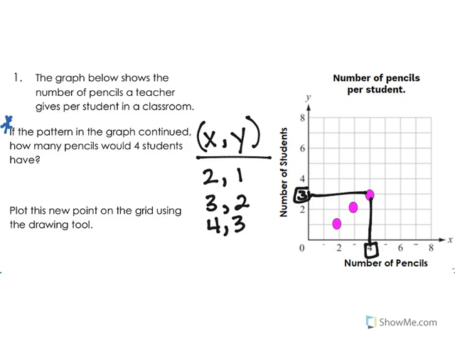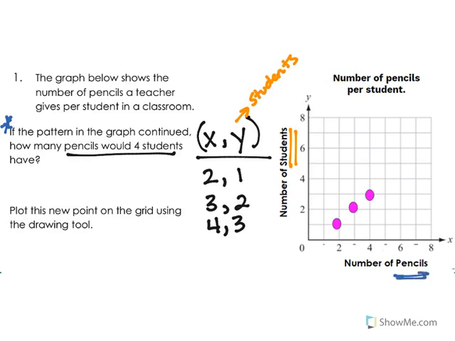Now, we want to know what the next ordered pair would be. It's asking how many pencils would 4 students get. So I have to first think about which one is representing students, the x or y-axis? I know my y-axis represented students. So y is my number of students. X is my number of pencils.